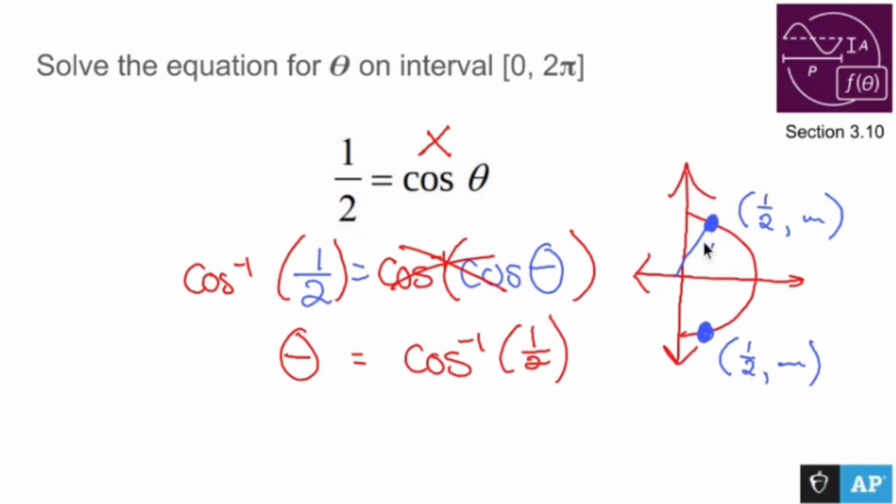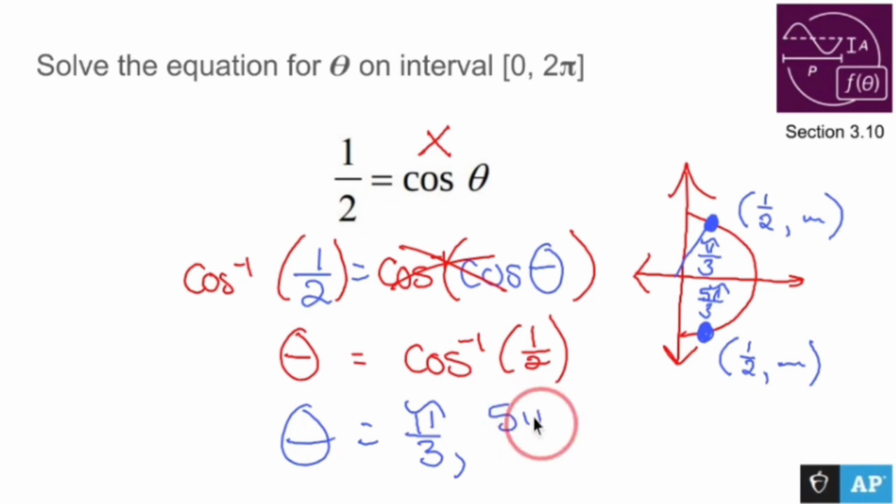Well, this would be pi over 3, because this would be the third point in my unit circle, and this would be the negative pi over 3, also known as 5 pi over 3. Those guys fall within the boundaries of 0 and 2 pi, so theta is going to equal pi over 3 and 5 pi over 3. And that's your answer.